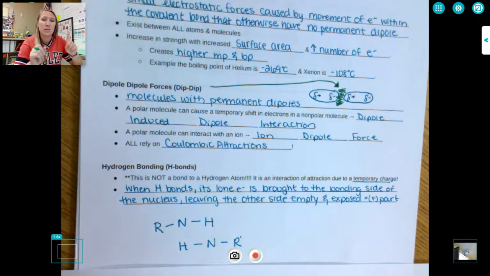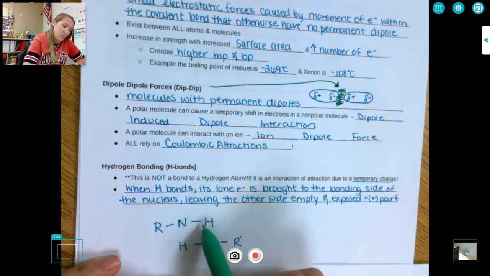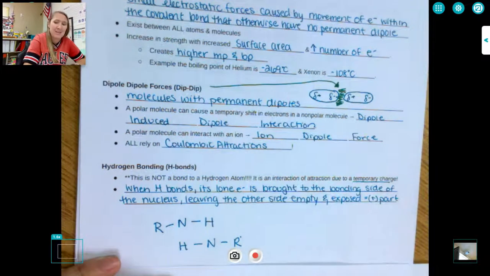So it causes a really large imbalance in electronegativities. Therefore, hydrogen loses its lone electron. It's brought to the bonding side of the nucleus and towards the other guy, leaving the hydrogen side basically empty and basically a positive charge.